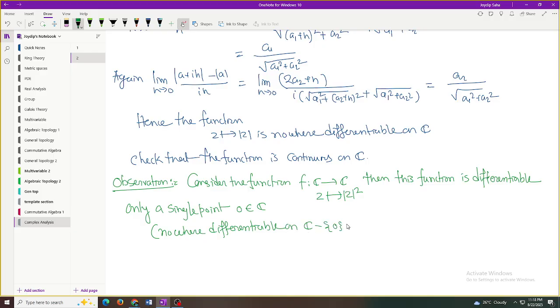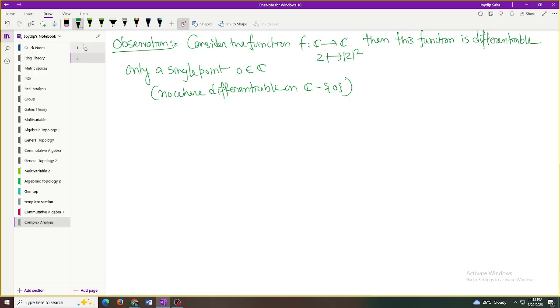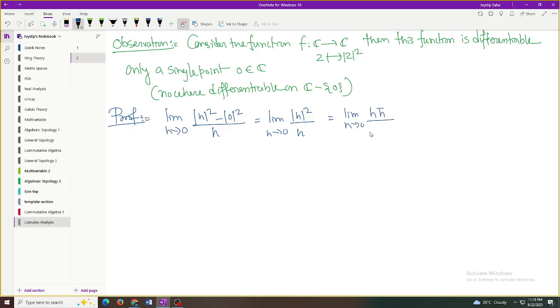Again, just do it. So this is an example of a function which is differentiable at just one point. Limit as h tends to 0.